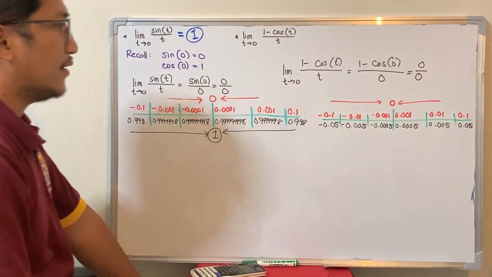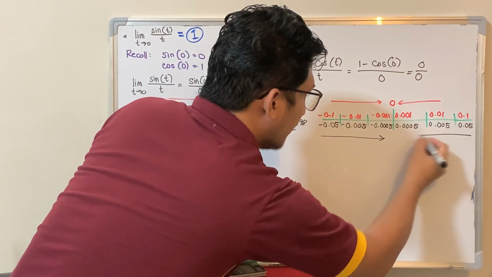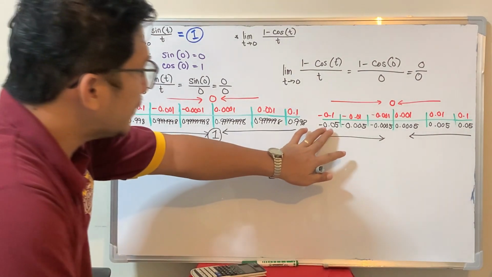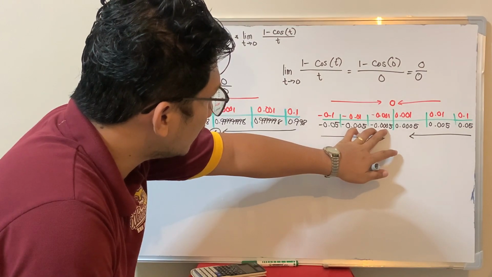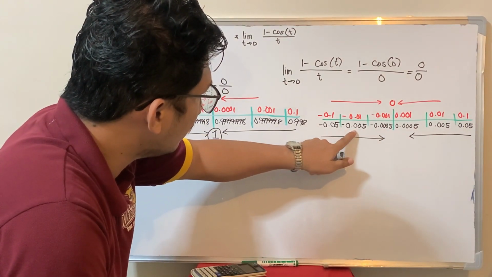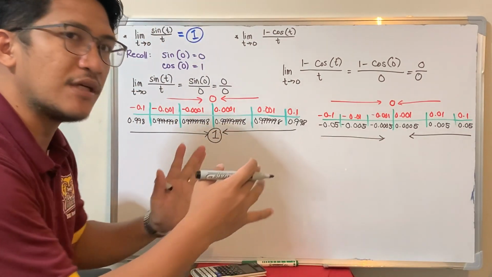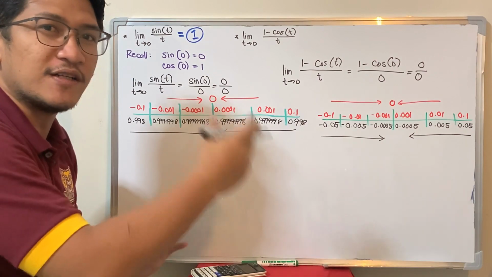Okay. Notice that this number is getting closer and closer to 0. If you add more zeros, like 0.000000000 and then 5 at the last, the number is getting closer and closer to 0.